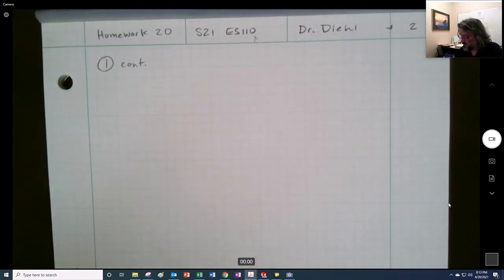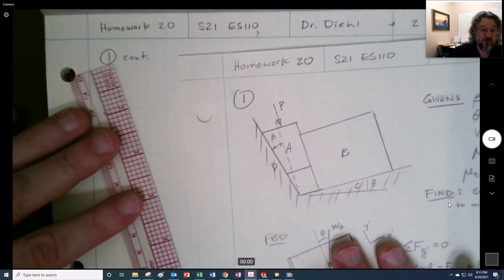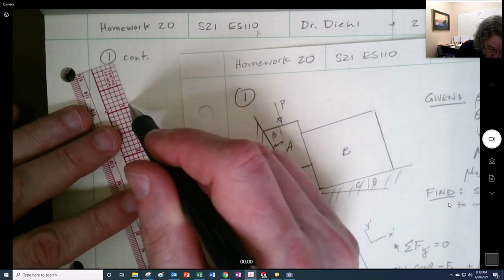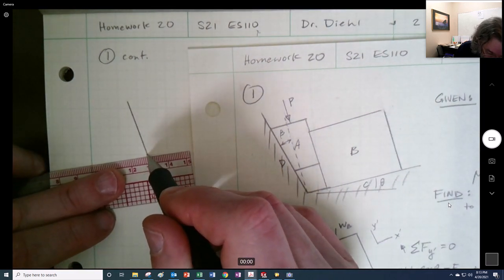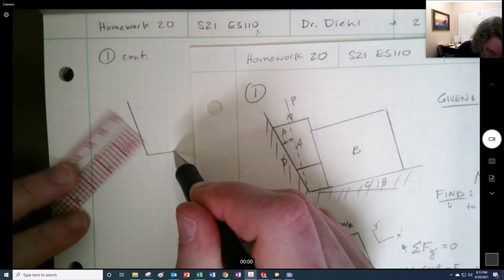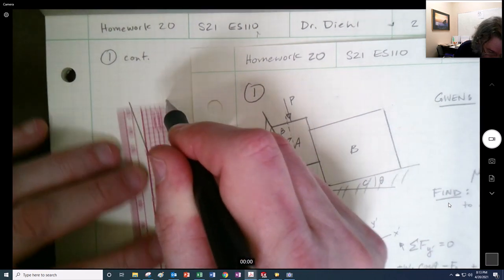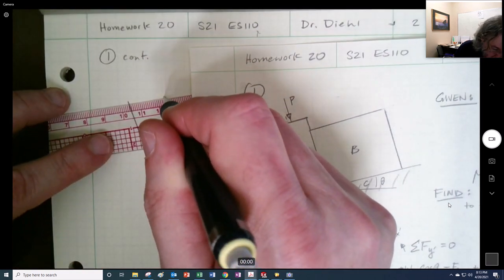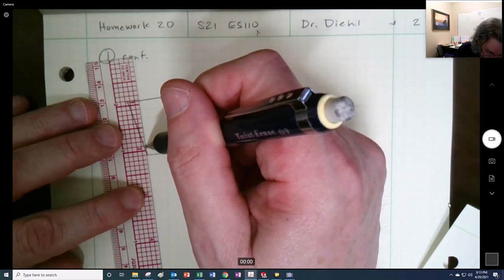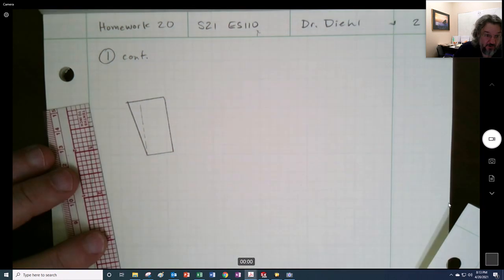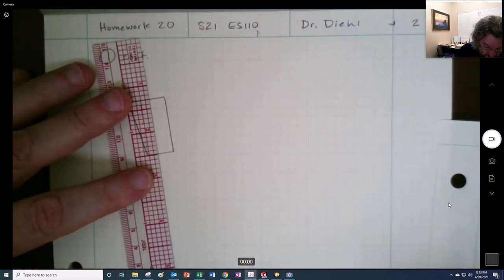And so let me draw my picture. Let's try to make it look similar here. Right, so here's where some of the difficulty lies. Got to make sure we get that angle in there.